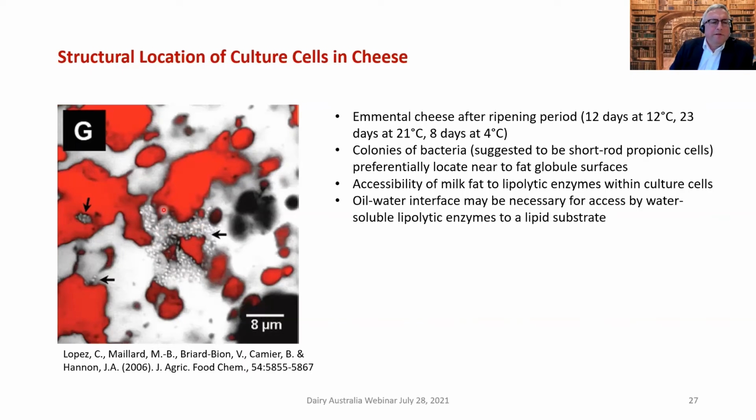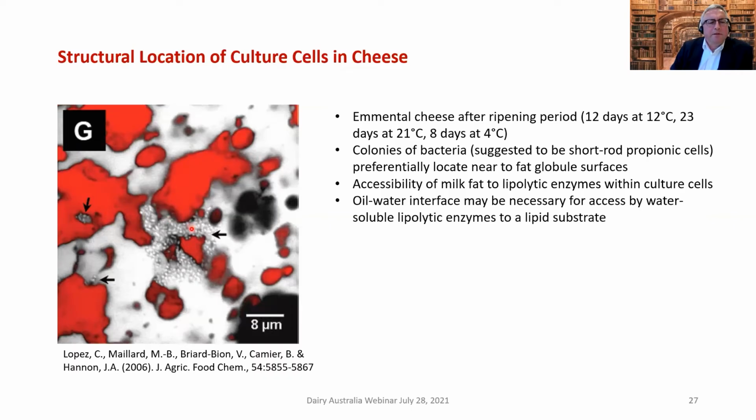And the fat is given by the red, and you'll see that they're largely non-spherical, which probably indicates that the fat globules have been ruptured and they've coalesced to create these unusual kind of structures. But these cultures like to be close to it. And there's some kind of binding mechanism that we're only just discovering between the bacterial cell surface and also the surface of this pool of fat here.